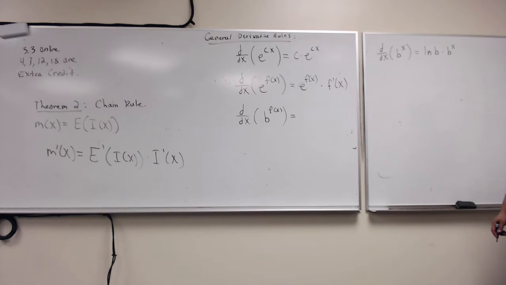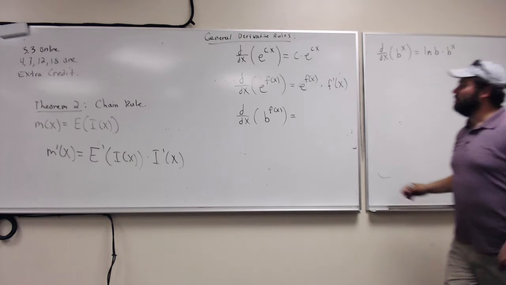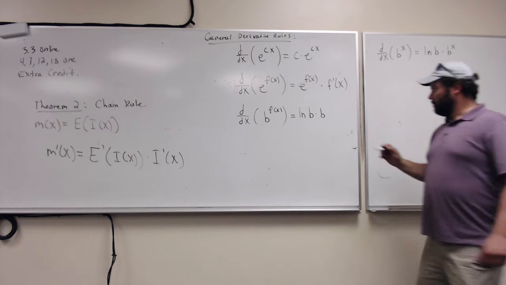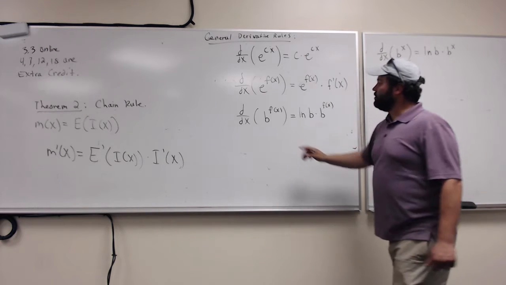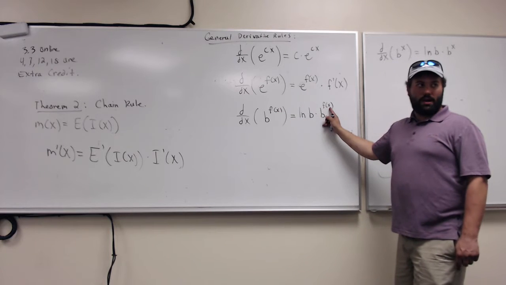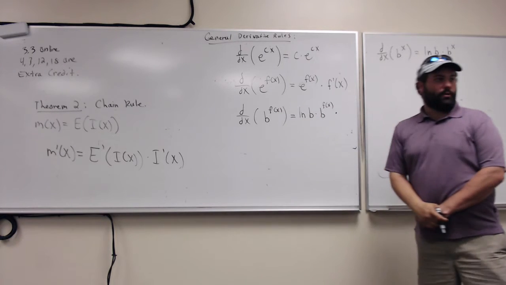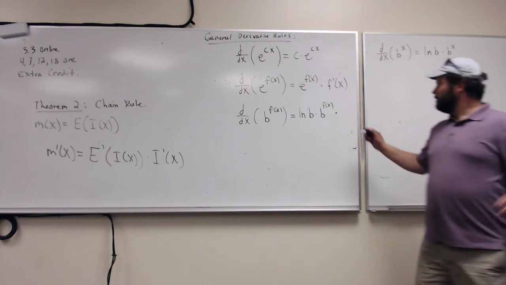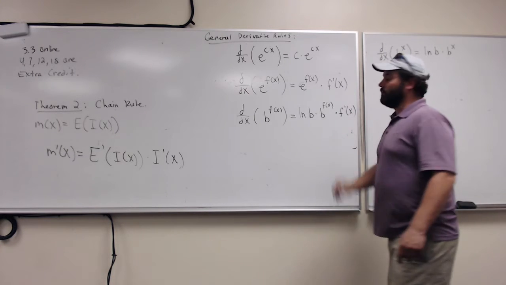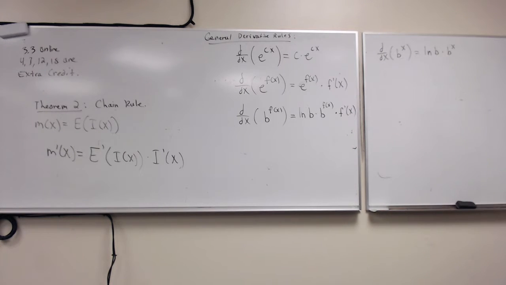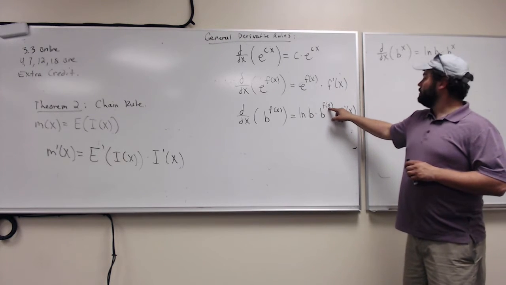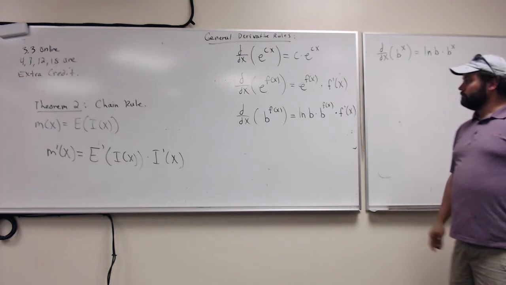The derivative of the outside evaluated at the inside is going to be taking this exact expression, and instead of having an x, it's going to be natural log of the base times b to what? So it'll be b to the f of x. So that's the derivative of the outside evaluated at the inside. And then I'd have to remember to multiply by what? The derivative of, what'd you say, Chloe? F of x. Yeah, so it's really going to be an f prime of x. Okay. So this is the derivative of the outer function evaluated at the power times the derivative of the power.